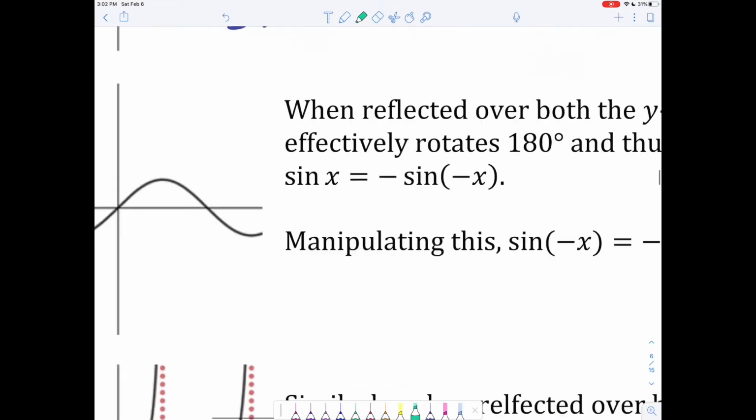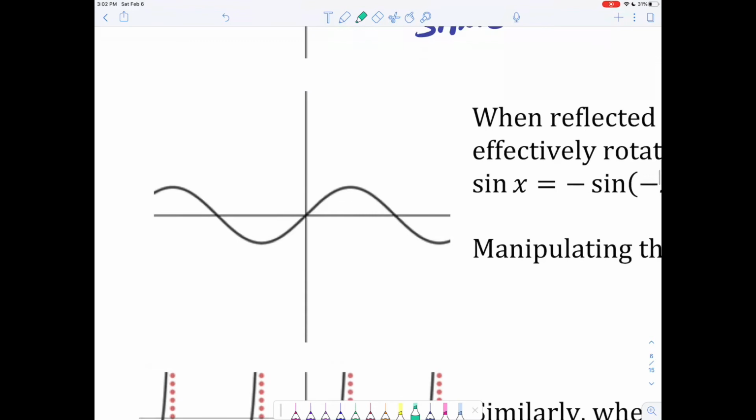When we take something like the graph of y equals sine x and we flip it over the y-axis, we'll get something like this. So that's when we flipped it lefty-righty. If we want it to actually match, we have to take this new graph and flip it upside-down.